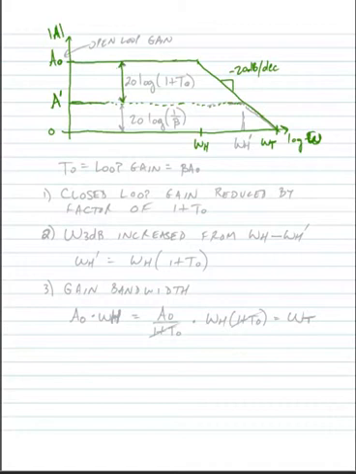It's reduced from the value of the op-amp gain by 1 plus the feedback factor, so this distance is 20 times the log of 1 plus T sub 0, where T sub 0 is the loop gain, which, if you recall from the previous lecture, was equal to beta times A sub 0.